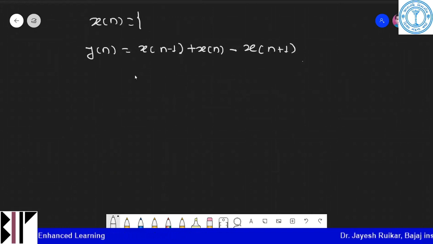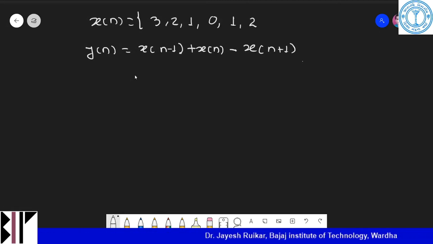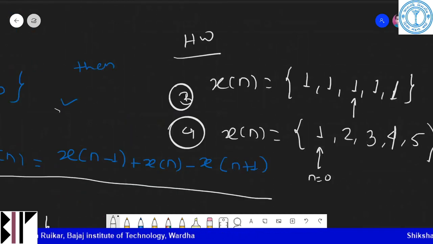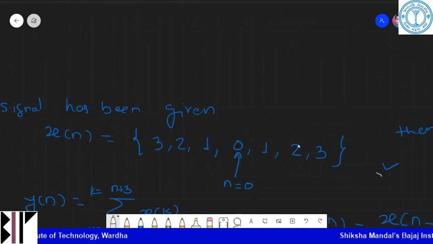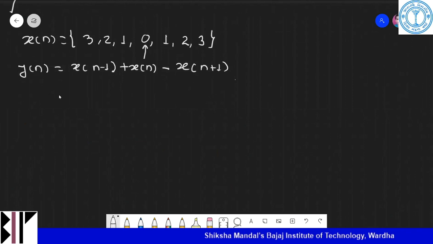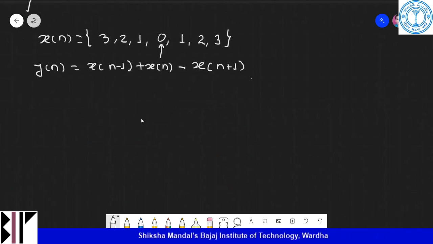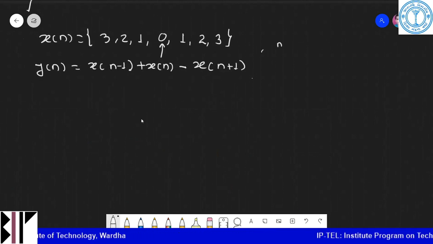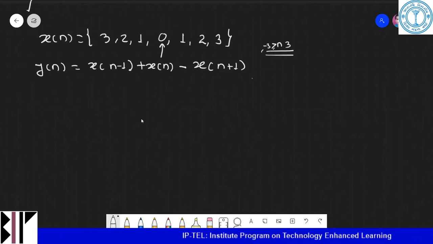x of n was 3, 2, 1, 0, 1, 2, 3. So our n goes from minus 3 to plus 3.